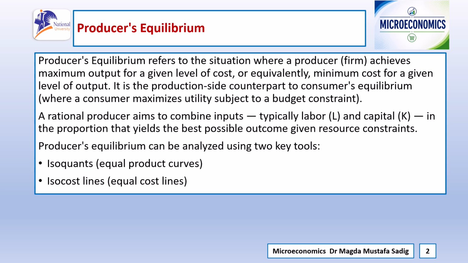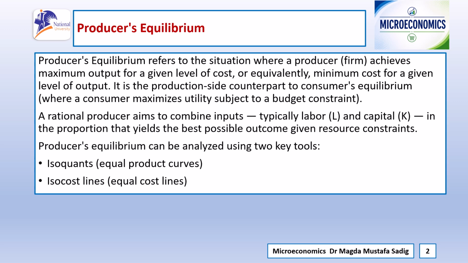A producer may wish to produce a certain quantity of output while spending as little money as possible. Second, the producer may have a fixed production budget and wants to obtain the highest possible output. Both approaches lead to exactly the same equilibrium point.